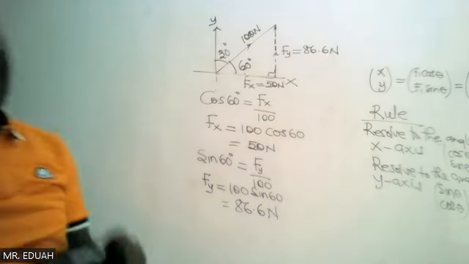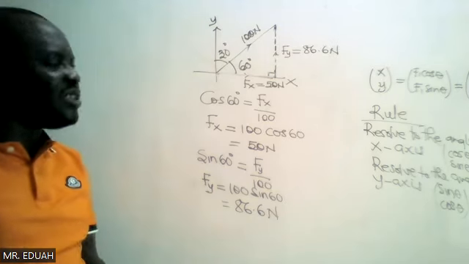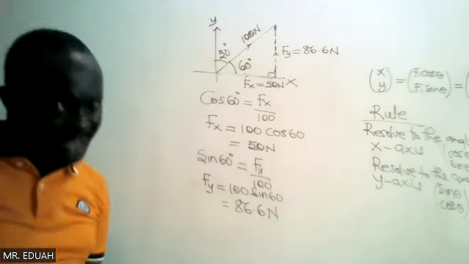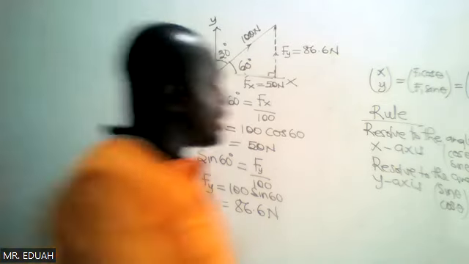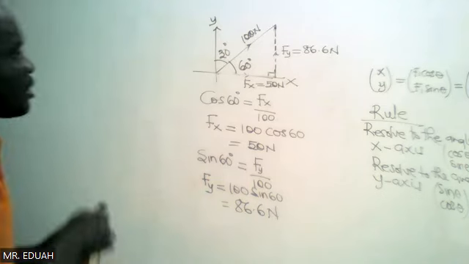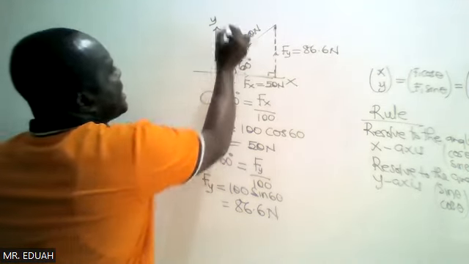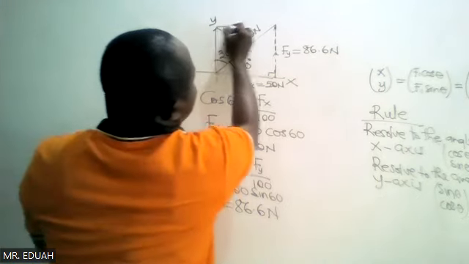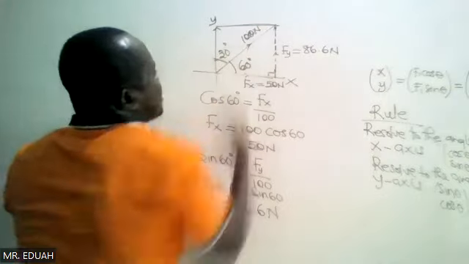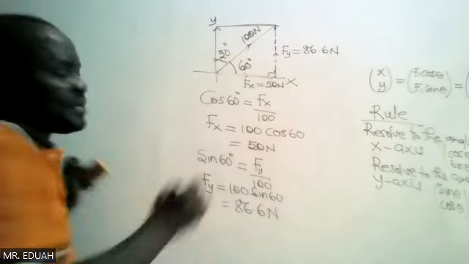What I'm saying is that I can also do the same thing by considering the angle the same force makes with the y-axis. And the angle it makes with the y-axis is 30. But if I'm using this angle, 30 degrees, then this side becomes the opposite to this angle. The side that directly faces the angle is the opposite.